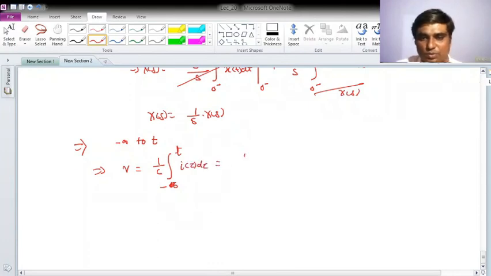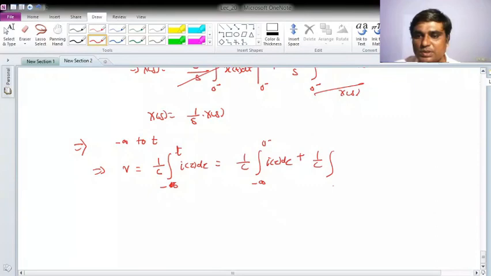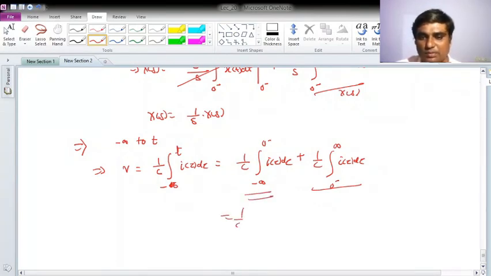So I have to expand it like this: minus infinity to 0 negative of i of tau d tau, plus 1 over C integral from 0 negative to infinity of i of tau d tau. For this I know the Laplace transform, right? This will be my constant term 1 over C. This will be the initial charge stored in it before switching, and this will be after switching.